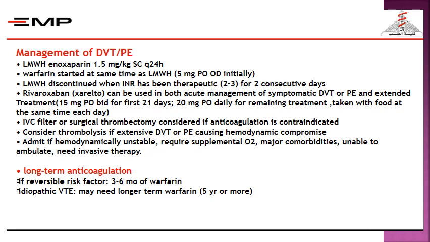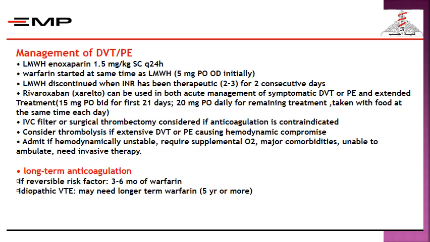We usually use 15 milligram of rivaroxaban twice daily for 21 days, and then prophylaxis by 20 milligram orally daily for all the period of prophylaxis as the schedule discussed before.